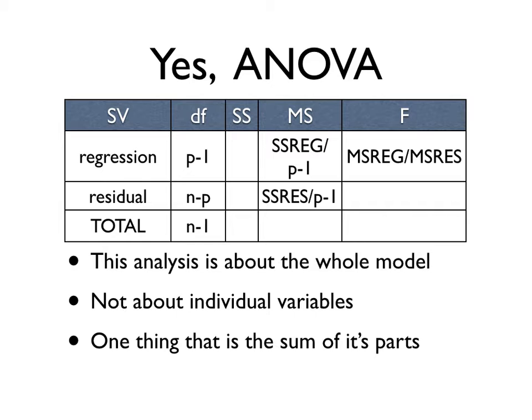It's not saying is x1 a significant amount, or x2, or x3, or x1 and x2, or x2 and x3, or x1 and x3, or x1, x2, x3. No, that is what it's saying: all of them together. That's the question that this ANOVA actually answers.